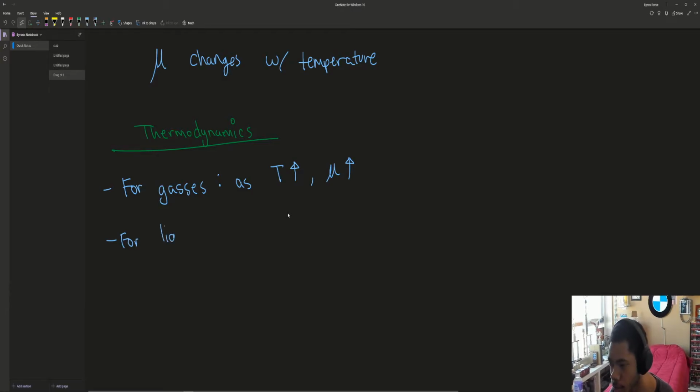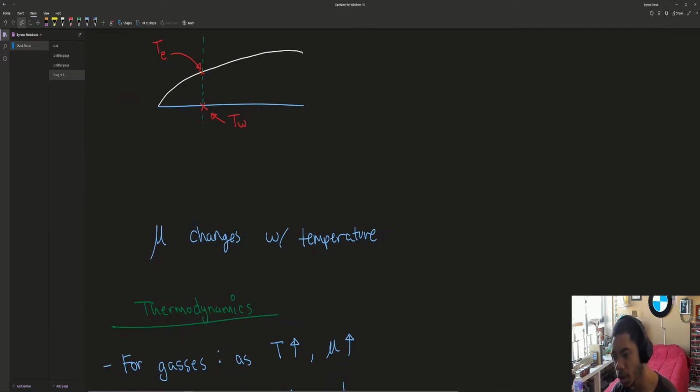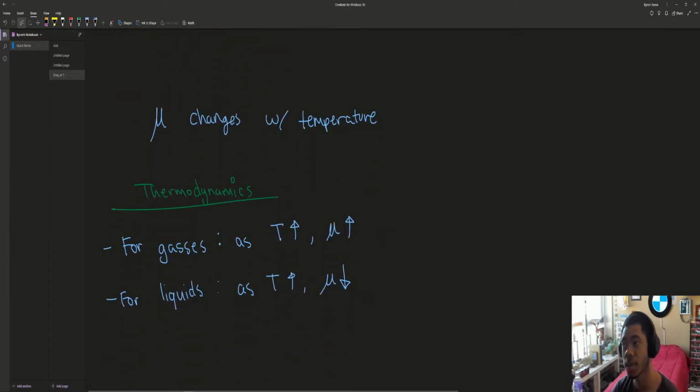For liquids, as the temperature goes up, the viscosity will actually go down. So, especially when we start dealing with supersonics and especially hypersonics, it's important to understand that mu is not something that we can just leave as a constant. Typically, it's just left as a constant, but for specific answers, we need to understand that it is in fact reliant on temperature.